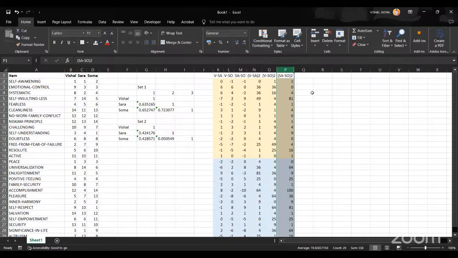Okay. And now you find out V versus SA. How many zeros are there? Only 1 zero. Now you can understand, if there is 0, that means their values are congruent.